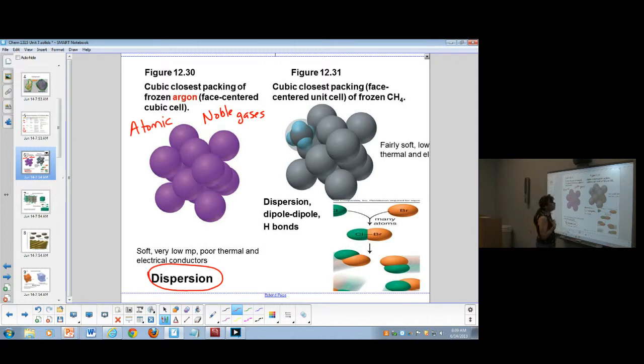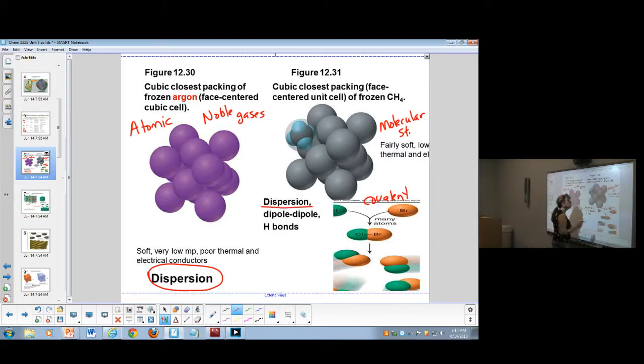Now, these, I guess I didn't label these molecular structures. Molecular structures are caused by bonding in a covalent type of arrangement. Now, remember, covalents share electrons. They form these bonds, and they can have all kinds of forces that are important to them.